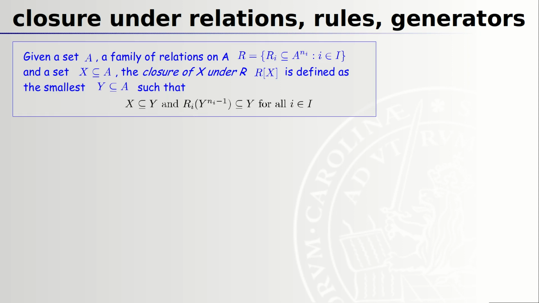R is now a set of relations Ri, each of arity Ni. Given some subset X of A, its closure under R is, as you would expect, the smallest set Y that includes X, and that is closed under all the relations in R. Here, closed means that the image of any combination of values from Y under any of the relations in R is contained in Y itself.